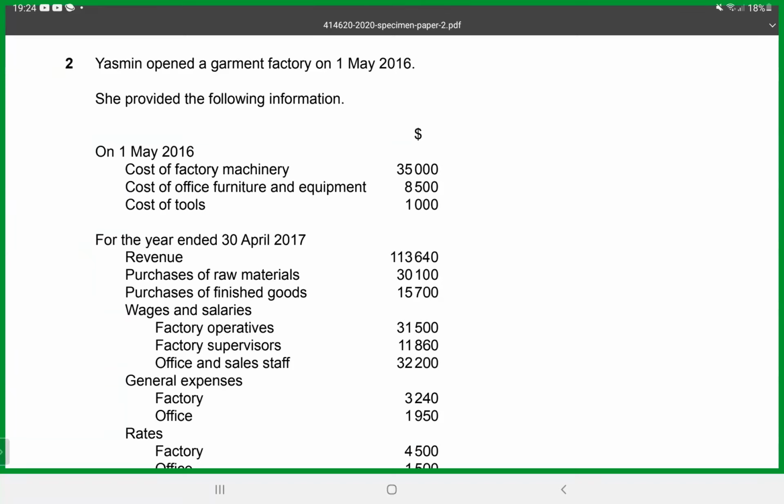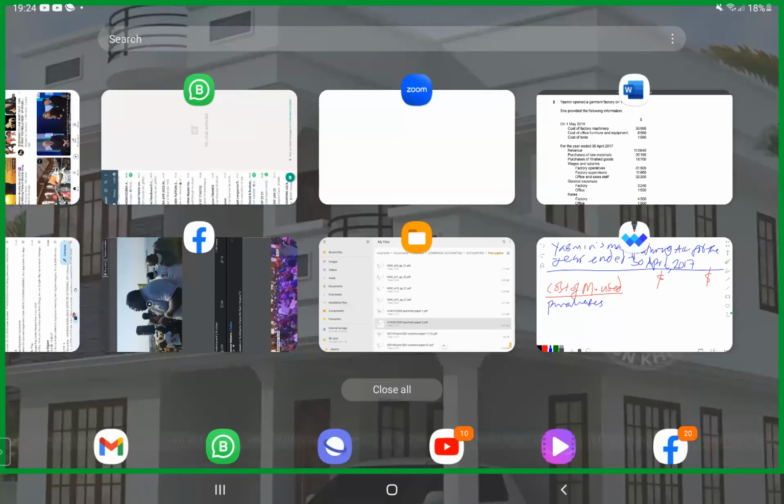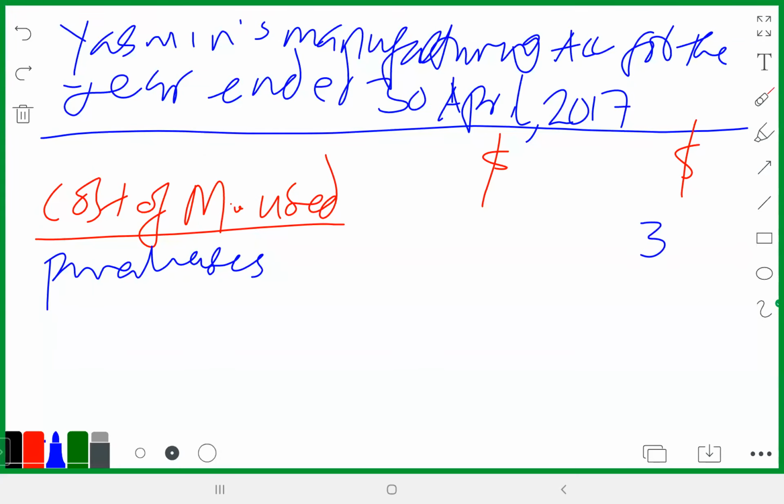It's 30,100. So you can write 30,100. Oh, it's 30,000, not 3,000. So you write 30,100, right?